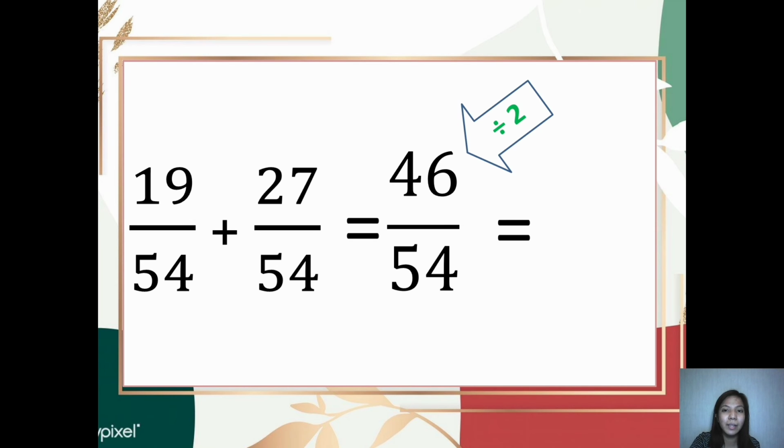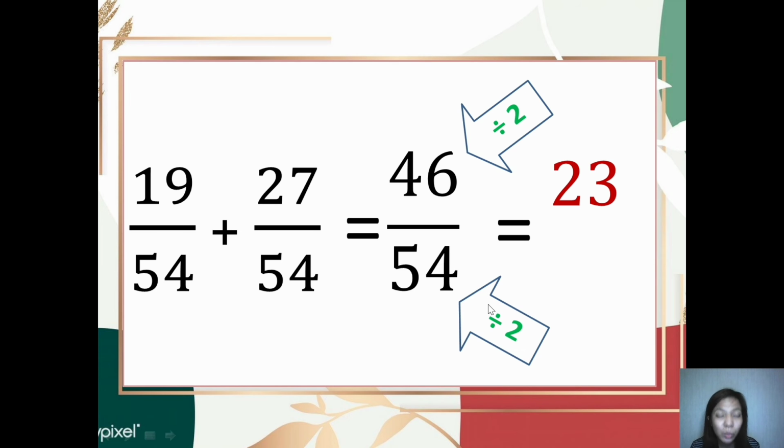Okay. They can both be divided by 2. Alright, so 46 divided by 2, how much? 23. Alright. And then you must divide the denominator by 2 too, if it can be divided by 2.